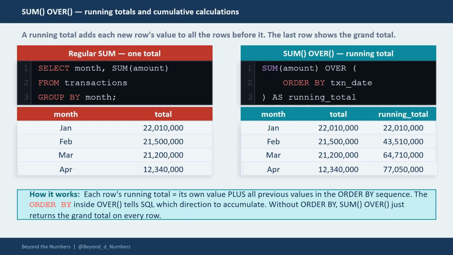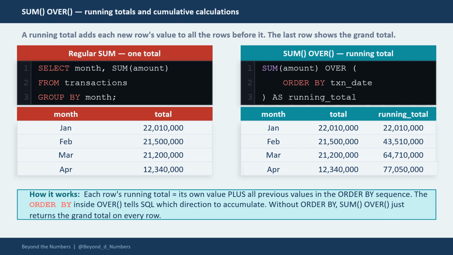Now, if you look at the other side where you have the sum over, it does a kind of cumulative calculation. So on the right, you have January as 22 million, right? It remains the same. February moves forward to add the value of February to January, giving us 43.5. Then March moves forward again to add the value of January and February to March, and we have 64.7.